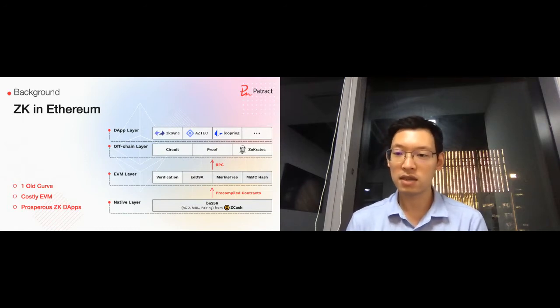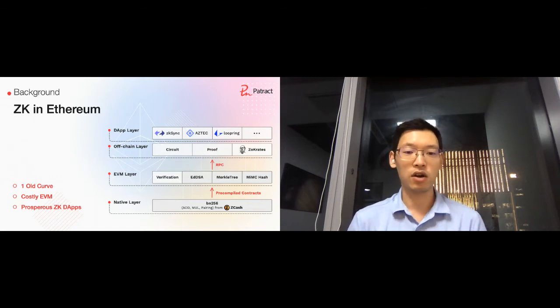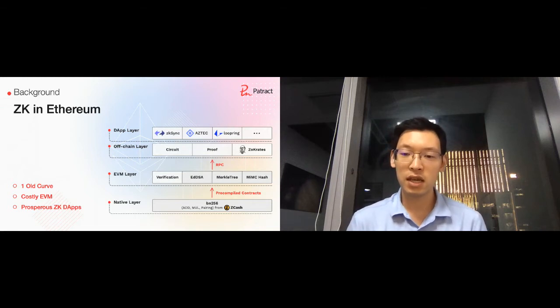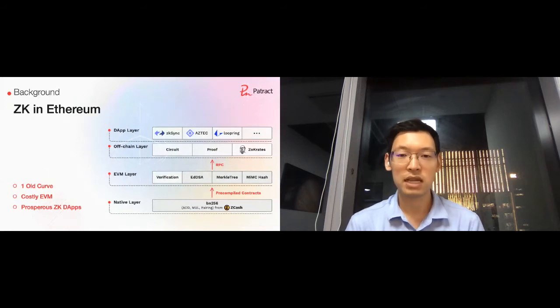They are based on the Zcash library and run on the native layer of Ethereum. So developers can continue to use Solidity to write the verification logic of the circuit and the application logic, which run on the EVM virtual machine layer, and continue to develop some off-chain programs for generating proofs.